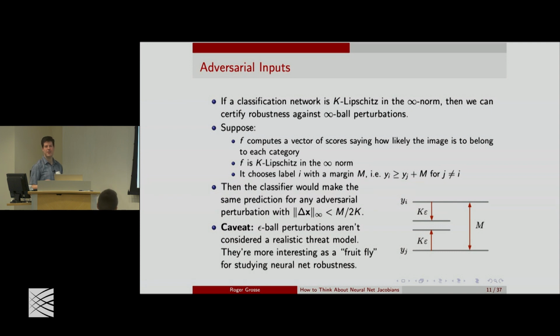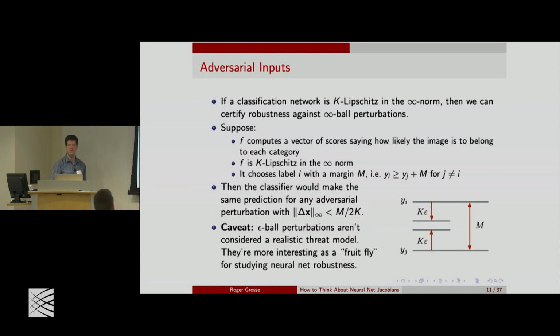The infinity norm is the maximum change to any particular pixel value, and that is regarded as a better match to our perceptual detectability than the 2 norm. And so if the network is k Lipschitz in the infinity norm, then we can guarantee that a small perturbation to the image will only make a small change to the network's output.